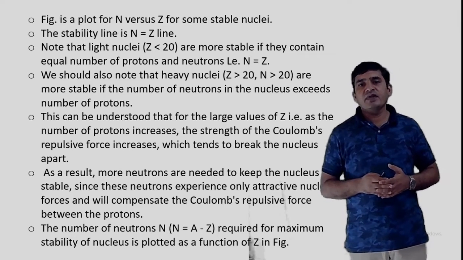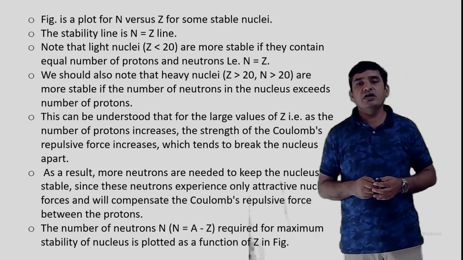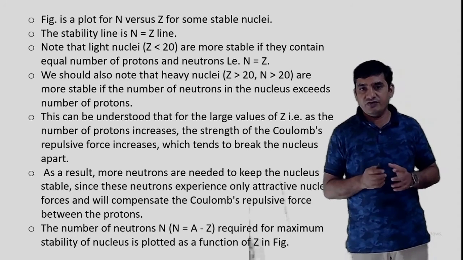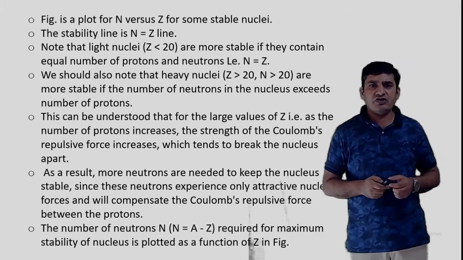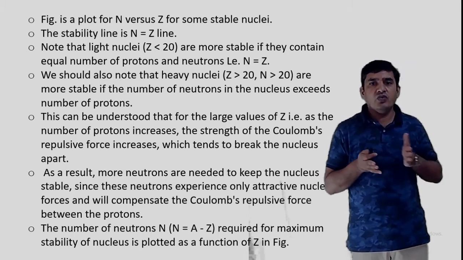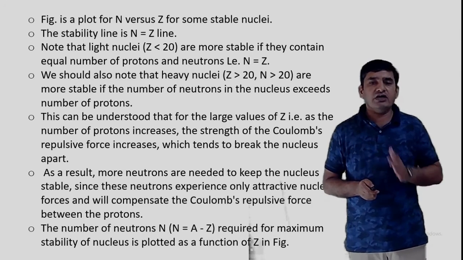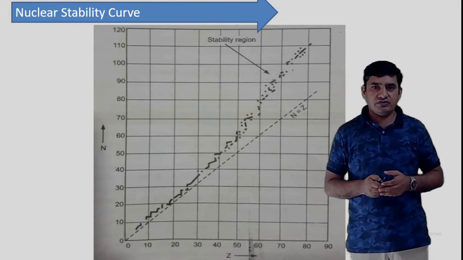The number of neutrons, that is N, is equal to A minus Z, that is, the atomic mass minus the number of protons or atomic number, required for maximum stability of the nucleus, which is plotted as a function of Z. Neutron versus the number of protons or atomic number, and the graph is like this: the nuclear stability curve.